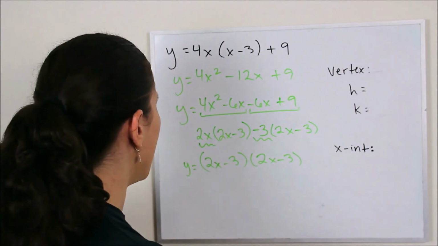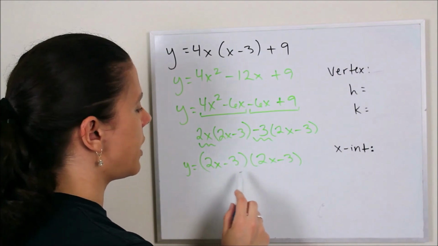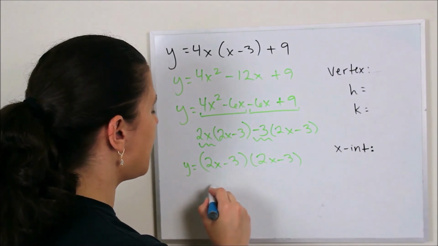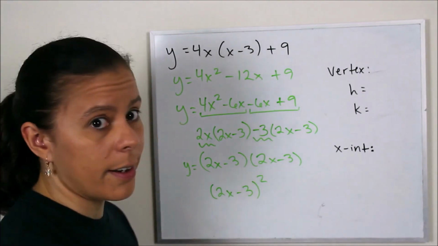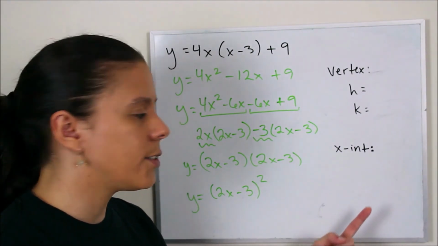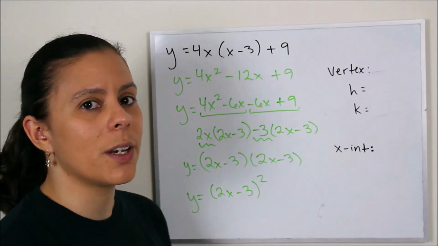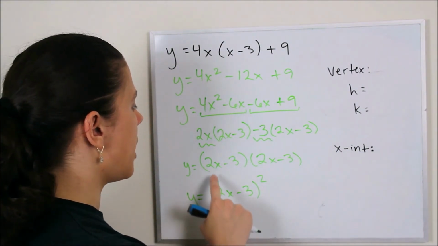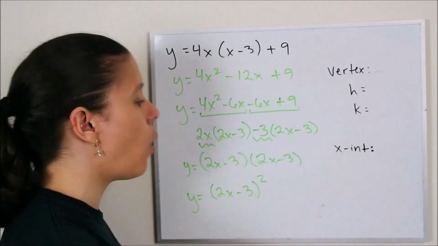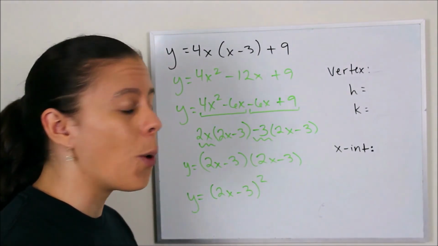Okay, so because this is 2x minus 3 times 2x minus 3, this is the same thing as me saying 2x minus 3 squared. So now in order for us to find the x-intercept, this is going to be really easy because we're only going to have one x-intercept, okay? Because either 2x minus 3 is 0 or 2x minus 3 is 0, right?